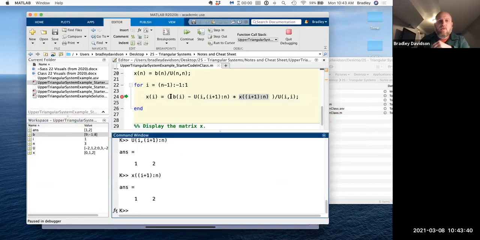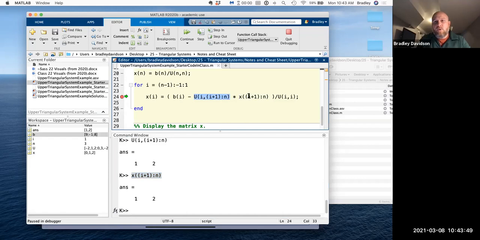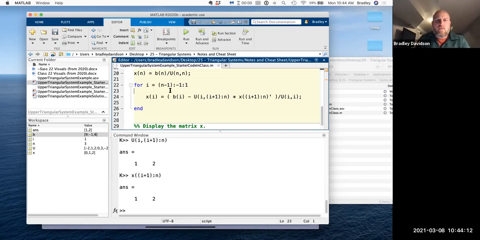But in MATLAB, what we have for this term for our x is actually a row matrix. So we have a row matrix multiplied times a row matrix, and those dimensions aren't going to be compatible, right? We've got a 1 by 2 multiplied times a 1 by 2. And so to make this a 2 by 1, we can put in our single quote, which is going to do the transpose. So let's save this. Let's run it again and just see what happens.